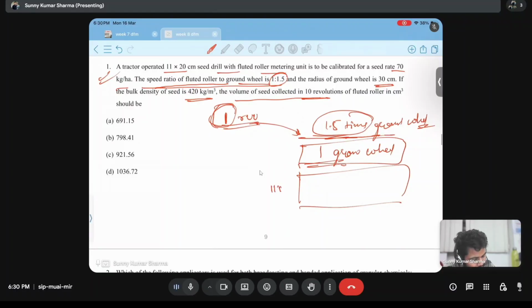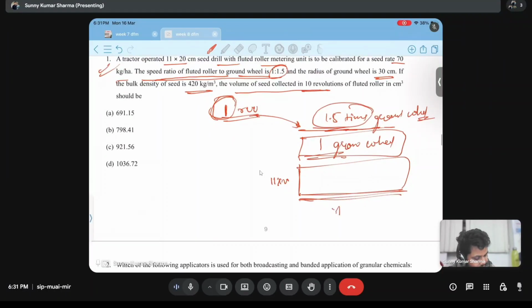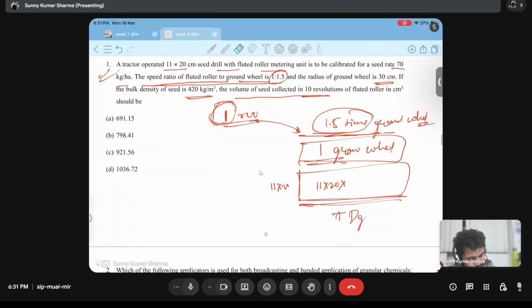So 11 into 20, supposedly in one revolution it is turning. So this will be A1. If you do everything in meters, then it will be 11 into 2.22.